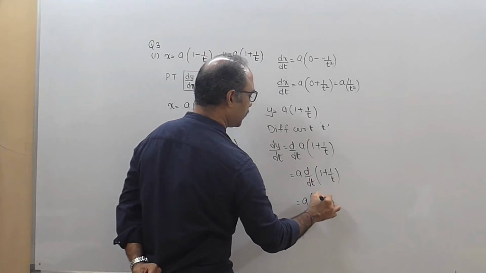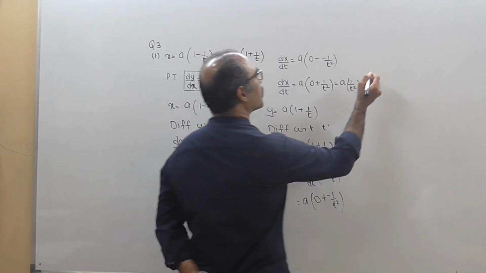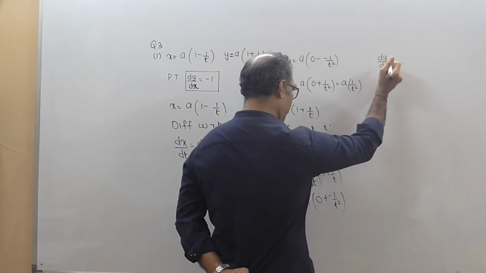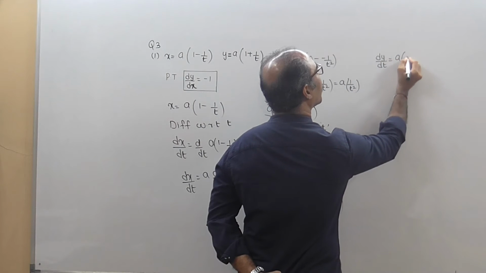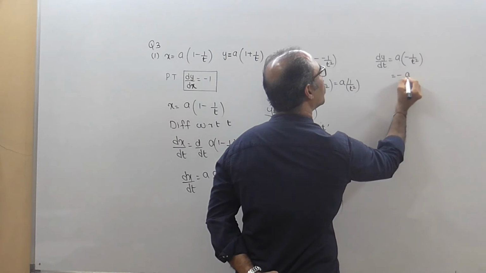Derivative of 1 is 0, 1 upon t derivative is minus 1 upon t square. So we get dy by dt equal to a multiplied by minus 1 upon t square, which is equal to minus a upon t square.